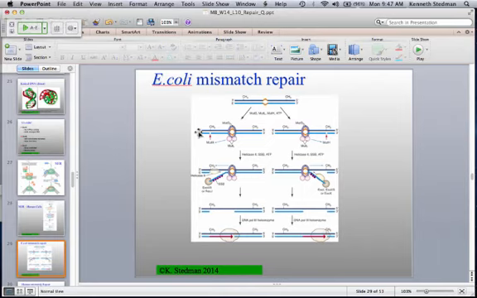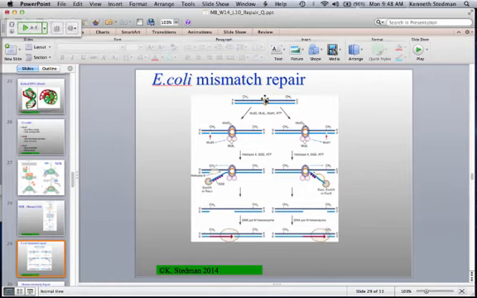Now, how do you get rid of one versus another? In the case of E. coli, it's pretty easy because, if we remember from licensing, methylation. The old strands are the ones that are methylated. The new strands are not methylated. If you have a mismatch, which one do you think is the one that you want to take out? It's the one on the non-methylated DNA strand.